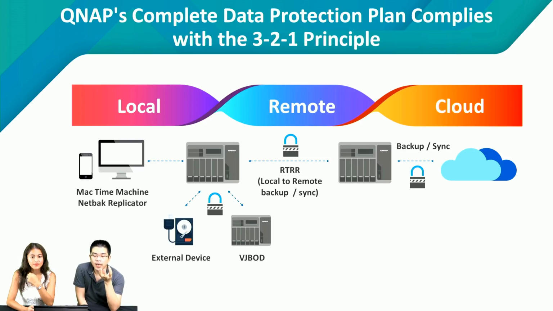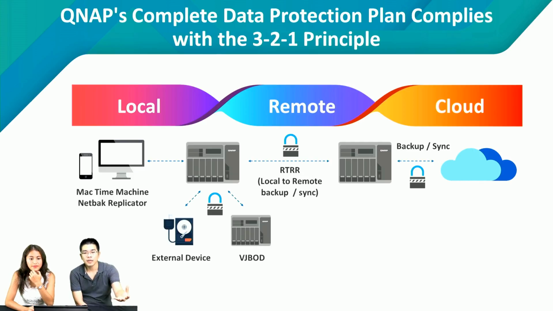When we have some data file inside there, we can back up through the Mac Time Machine. For the Mac and the Windows, we have solutions to back up things. Like Mac, we use Time Machine. For Windows, we can download NetBak Replicator from the QNAP website. That is a kind of Time Machine for Windows users.